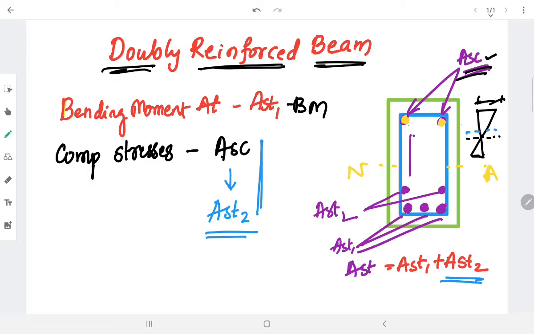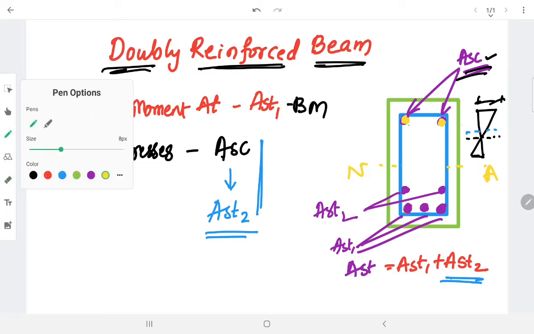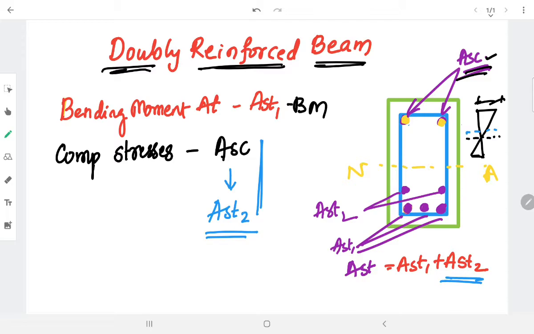These will be equal to the remaining bars, or the top reinforcement. This brings the balance in the doubly reinforced beam. There is a slight difference between Asc and Ast2, but these values are quite near. So this is all about the doubly reinforced beam.